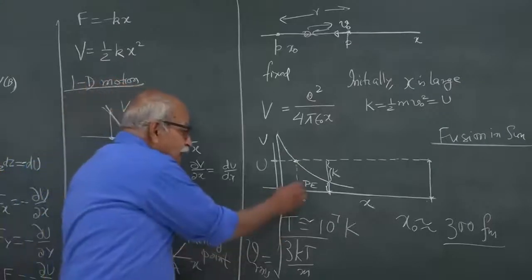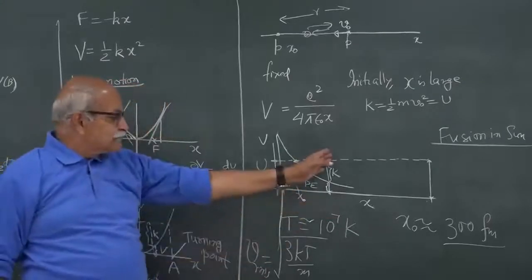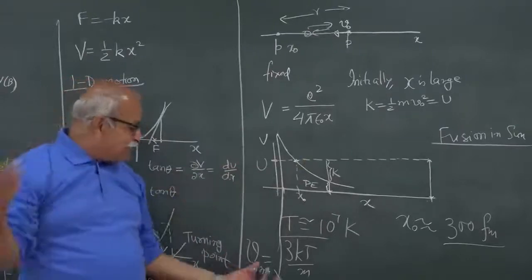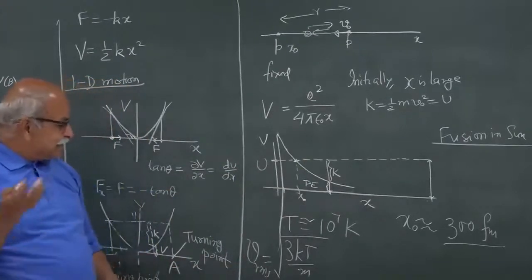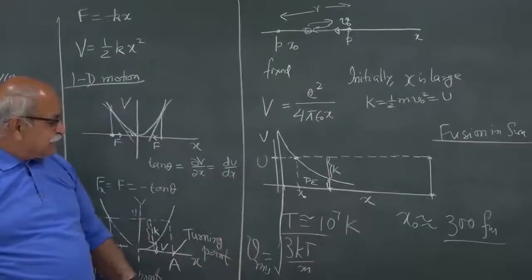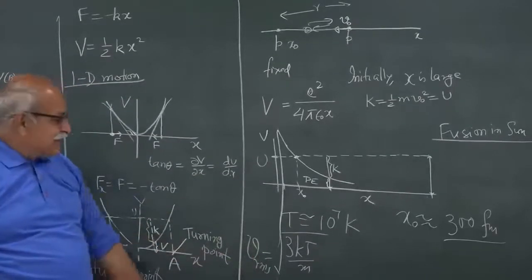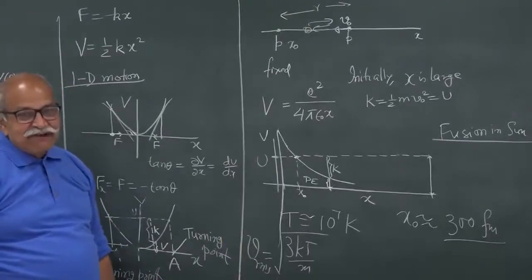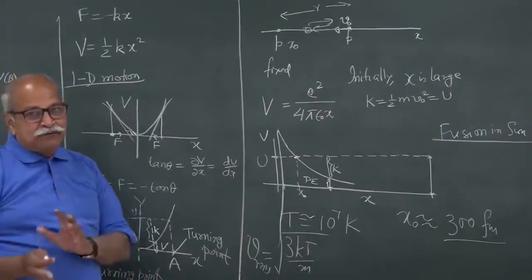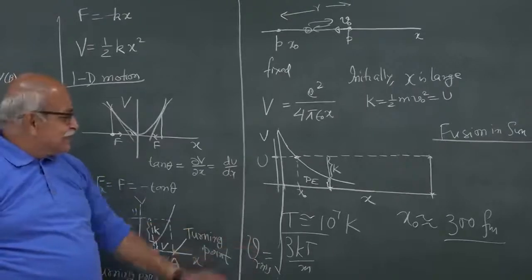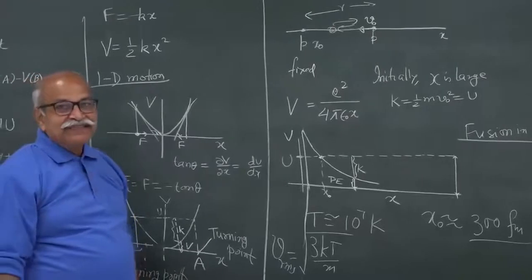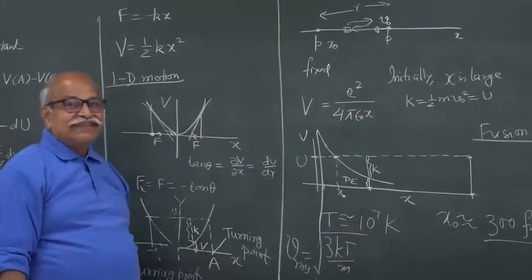Even if you have some protons with speed higher than the RMS which we calculate from here, you do not have enough protons to reach here, fuse and give that wonderful energy that we receive from the sun.